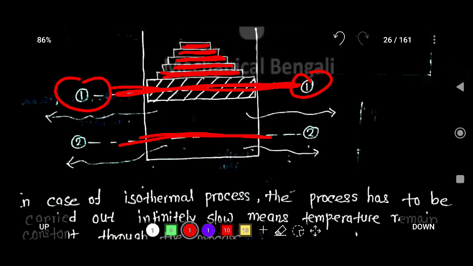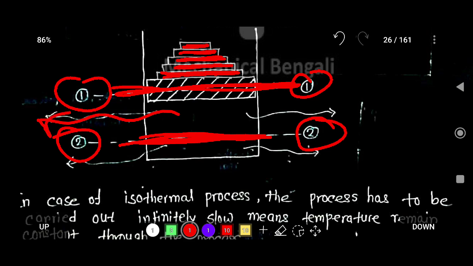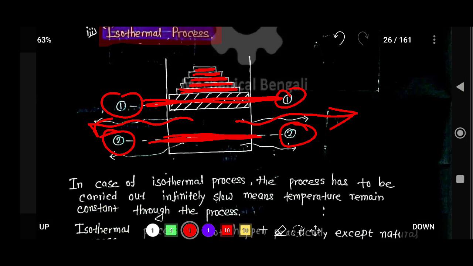Due to this, the volume is decreased because the piston is going down, and the pressure is increased. So the final position of the piston will be 2-2. Due to the increased pressure, the heat gradually transfers from the system to the environment. So this is an isothermal process.